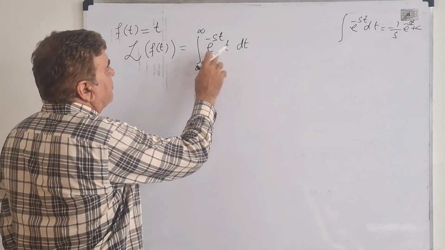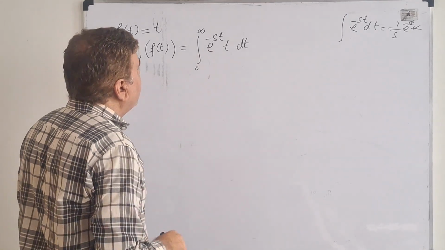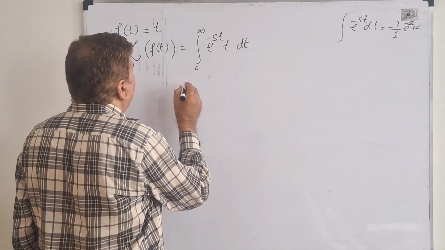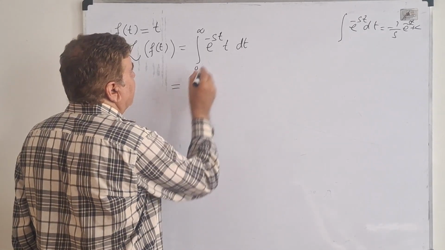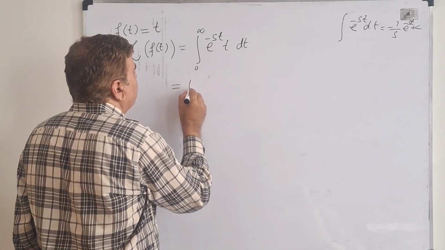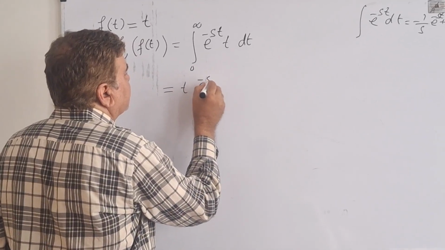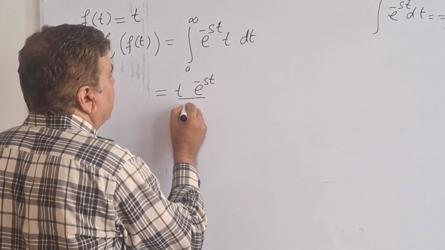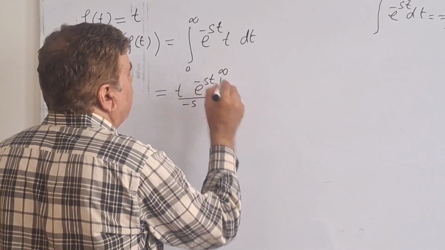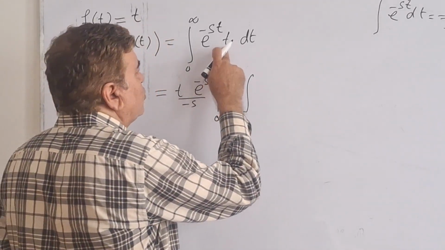So now we have the product of two functions and under this condition I can use integration by parts, and using integration by parts I can write this integral as first function, I'm taking this first function and the second function. So first function, integral of the second function is e to the minus st divided by minus s, and then integrated from 0 to infinity, then minus the integral of the derivative of the first function, which is 1.